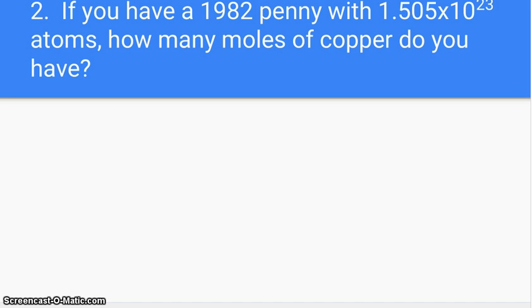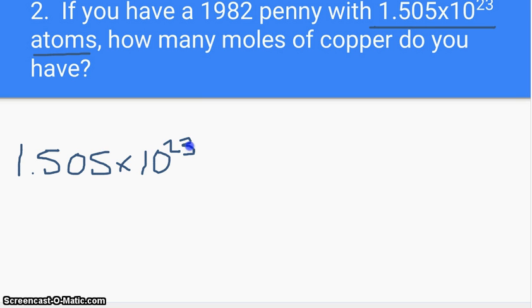We have 1.5 times 10 to the 23rd atoms. So that is our known or given value, and your first step is always to write that out. The unit is going to be atoms.